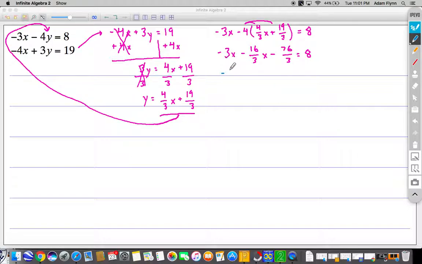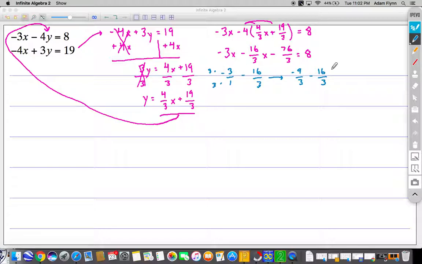So we've got negative 3 over 1 minus 16 over 3. So we're subtracting fractions now, so we need a common denominator. So taking a look, I've got a 1 and I've got a 3, so my common denominator will be 3. So I will multiply the top by 3 and the bottom by 3. So I'm just scaling this. So when I do that, I get negative 9 over 3 minus 16 over 3.